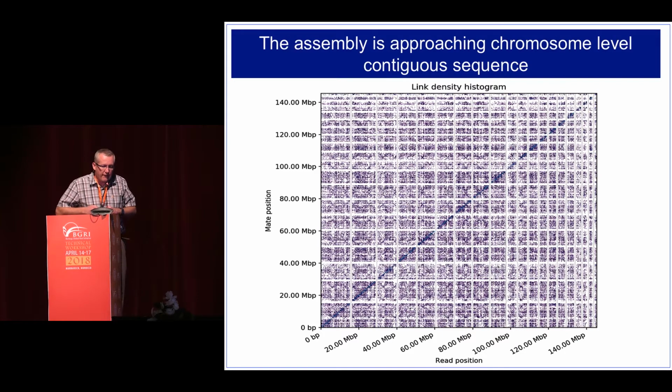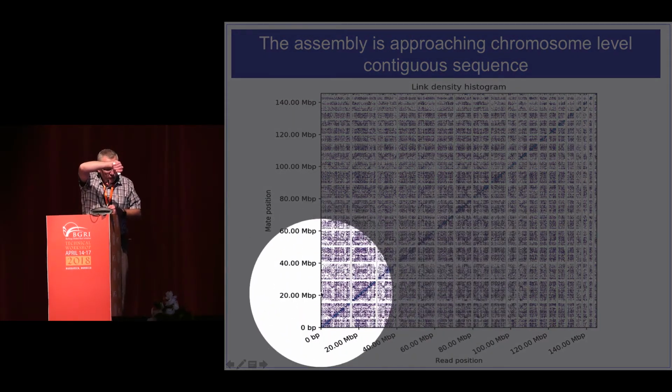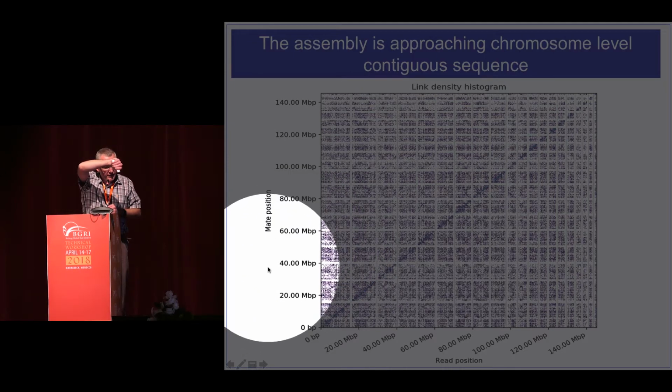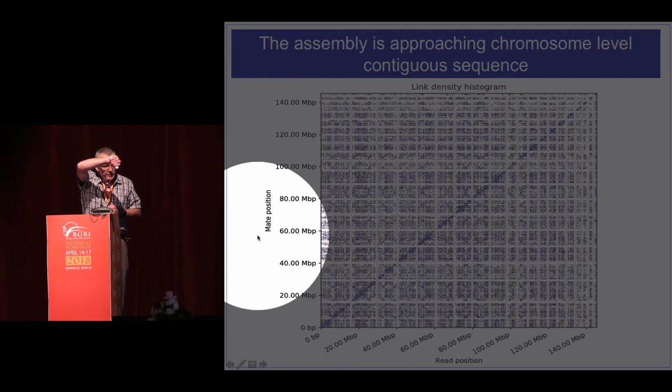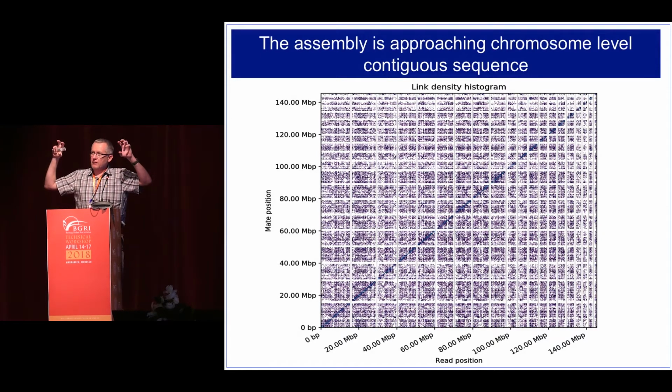That is what this graph is showing. The mate positions are based on that Hi-C, where the protein's bound to the DNA and they end sequence. So every little purple dot that you see is where one of these mate positions is.